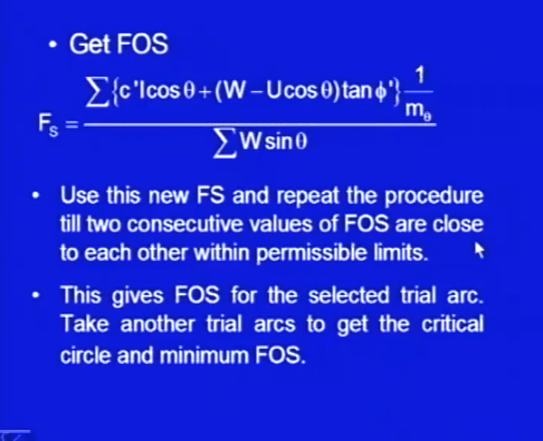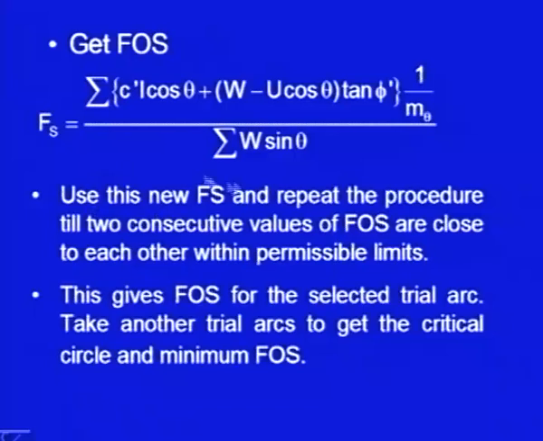And this procedure is repeated till two consecutive values are quite close, until their difference is within permissible limits, whatever limit you have decided. So, once they are approximately equal to each other, then we can stop the calculations.